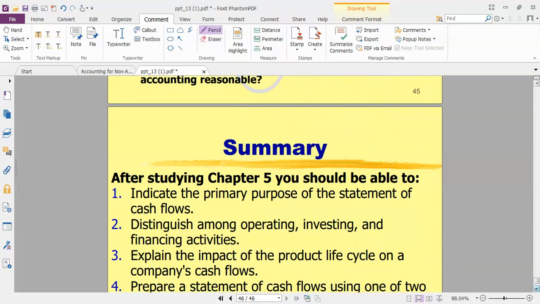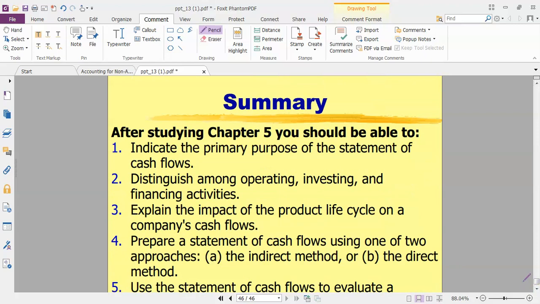So, last slide. What is the summary of chapter 5? Actually, you should be able to indicate the primary purpose of the statement of cash flow, and then distinguish among operating, investing, and financing activities.